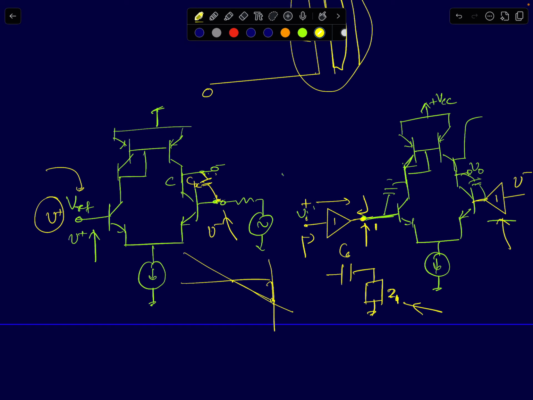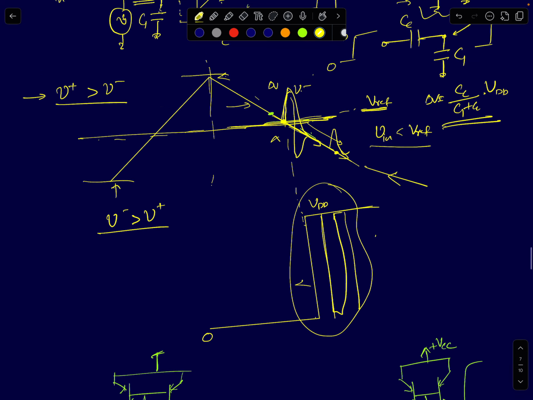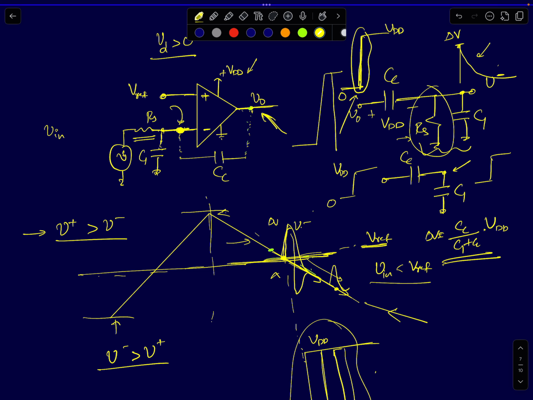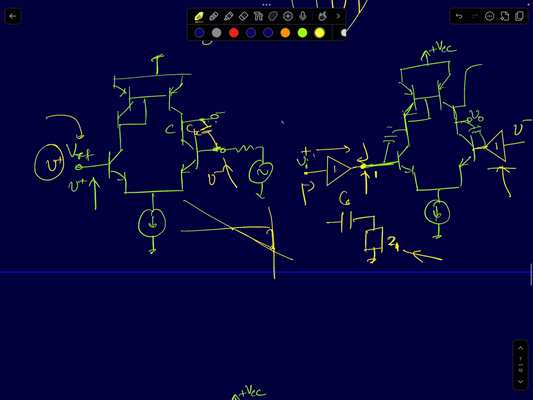Previously the input impedance was some capacitance C1 in parallel with the source resistance RS. Now we are assuming it is much smaller than that. If this impedance is much lower, then the jump at this node, the switching that happens at this node because of your kickback noise, will also be much smaller. The jump in the voltage will also be much smaller.